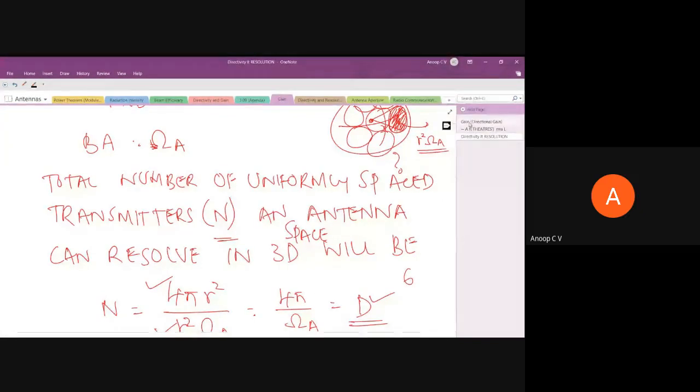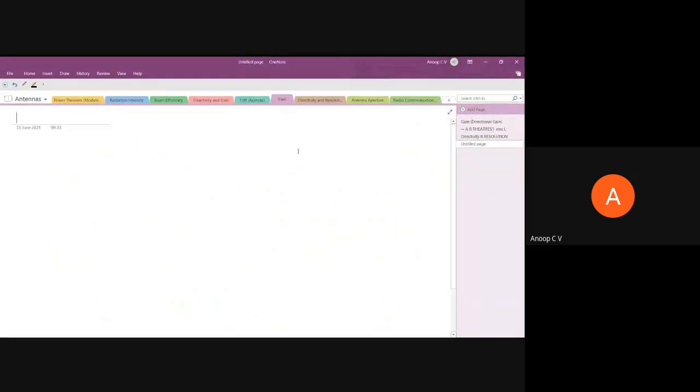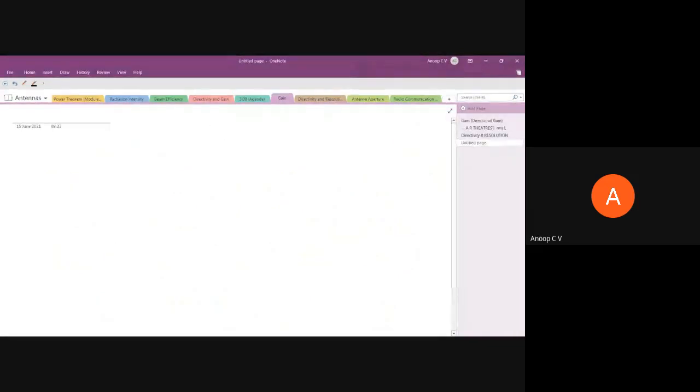So that is about directivity and resolution. The next topic is antenna aperture.